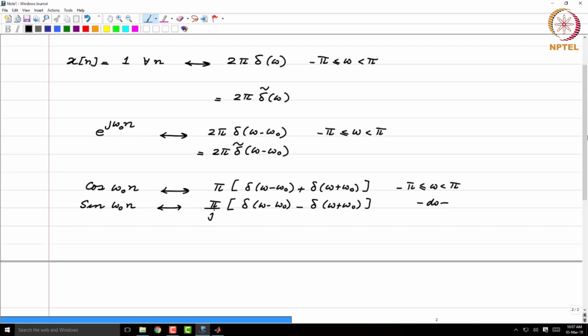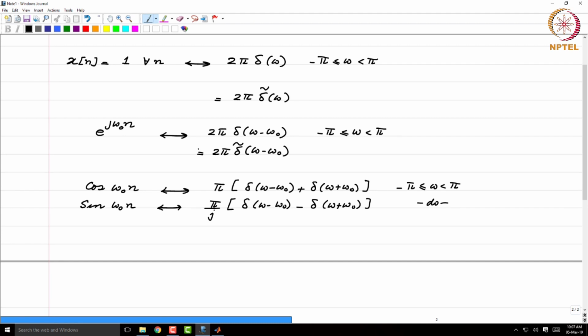Yes, question. Yes, so that is understood, because when we first introduced e to the j omega naught n, we noticed that if you replace omega naught by omega naught plus 2 pi, you don't change anything. Therefore, you will get the same signal if you view omega naught as omega naught mod 2 pi, right?